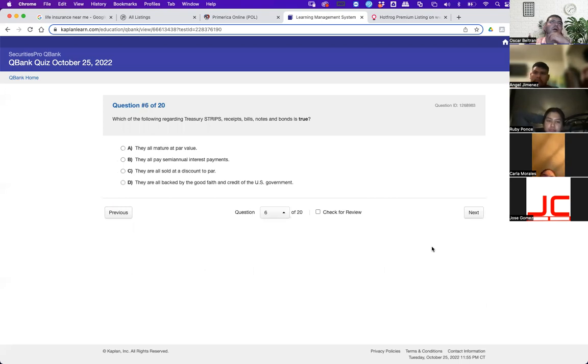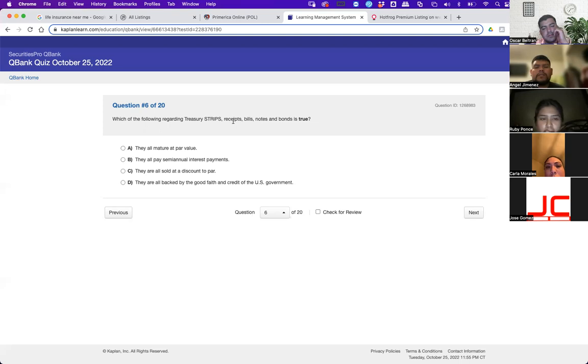Which of the following regarding treasury strips, receipts, bills, notes, and bonds is true? Is D correct? No. You would think so, but it... weren't strips not considered? They weren't considered. Right here it backs up treasury strips.